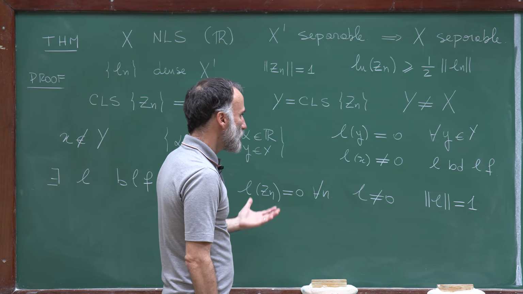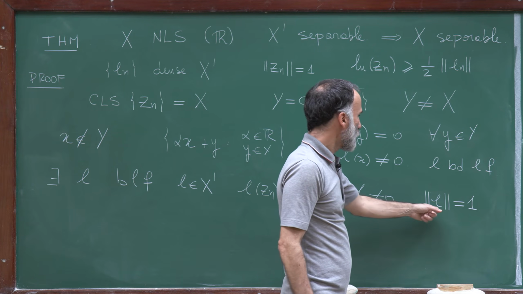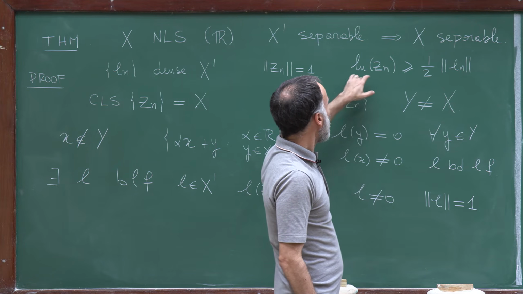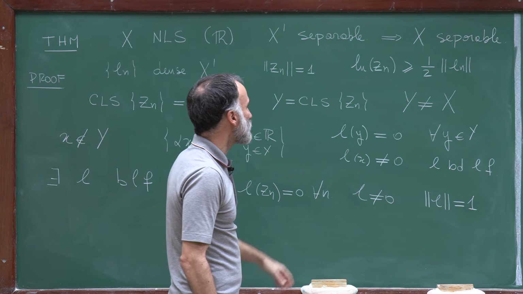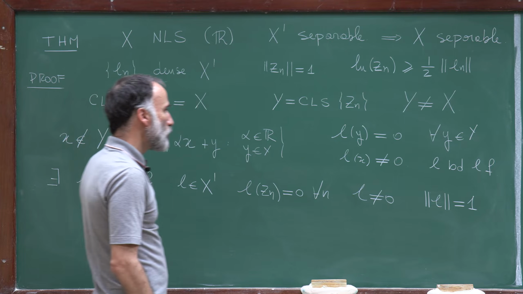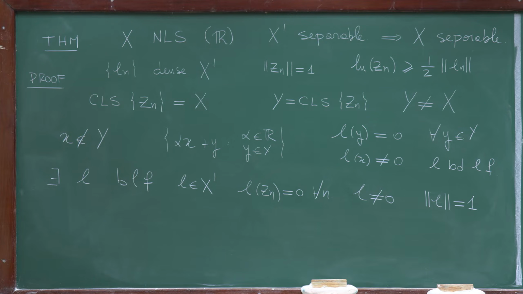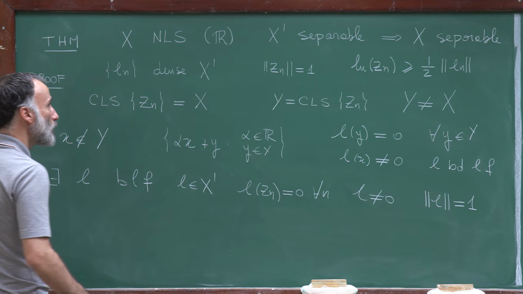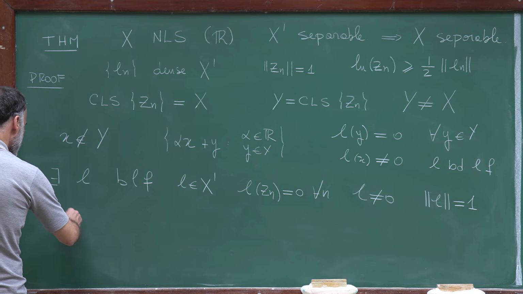We want to get a contradiction, and the contradiction will be obtained by obtaining a contradiction on the norm of Ln. So I want to obtain now a lower bound and an upper bound for the norm of Ln. We'll start with a lower bound.